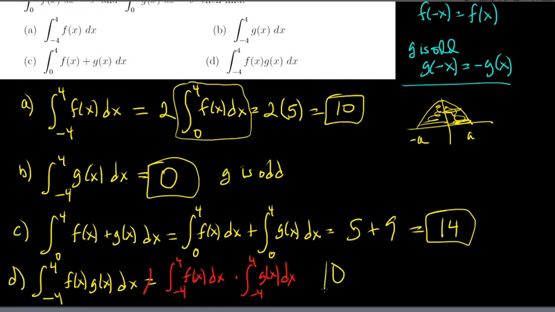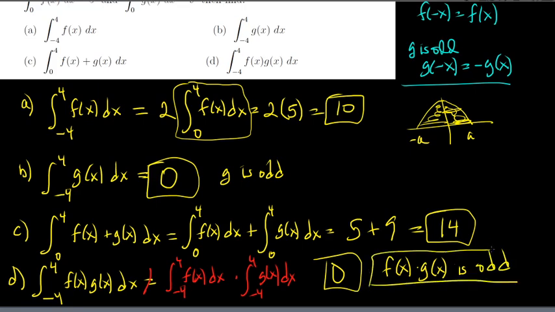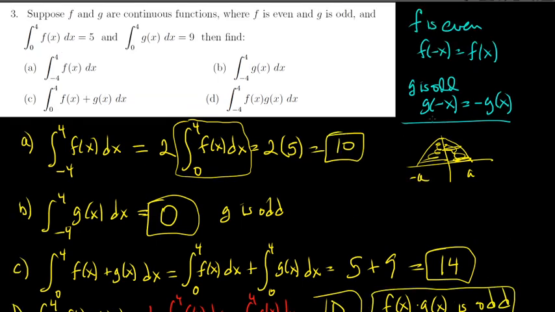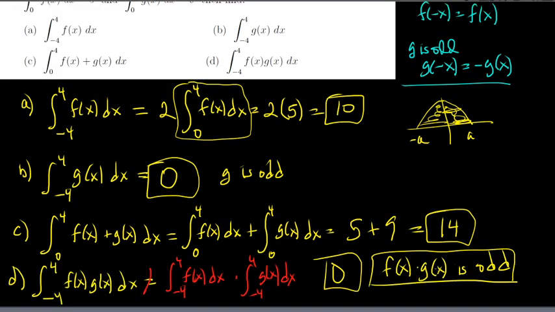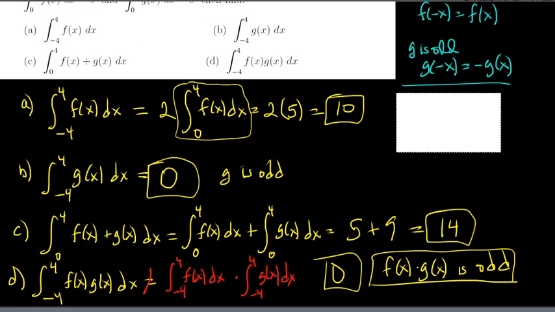The answer is 0, but the reason is because f of x times g of x, it's the same reason as in part B. This is an odd function. The product of an even function and an odd function is an odd function. And you should know how to prove that, or at least be able to demonstrate it.